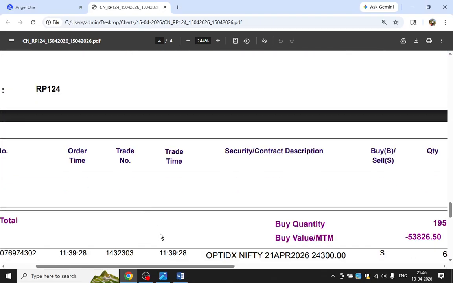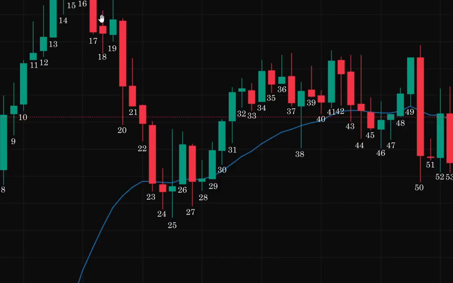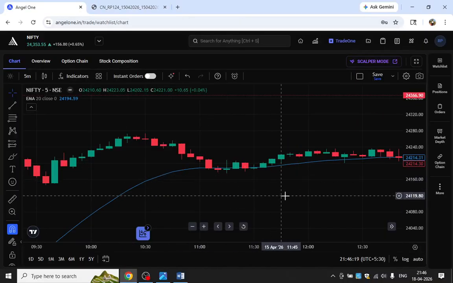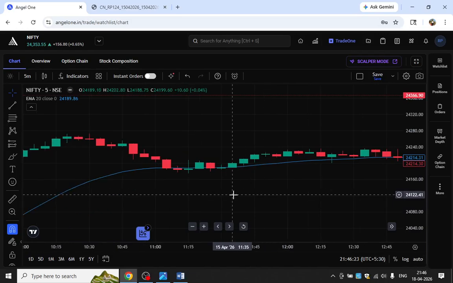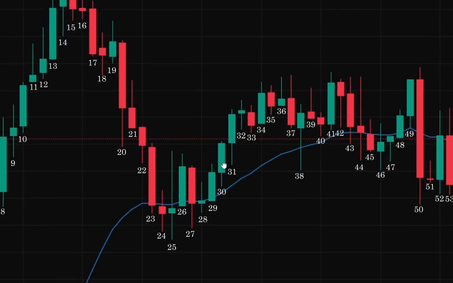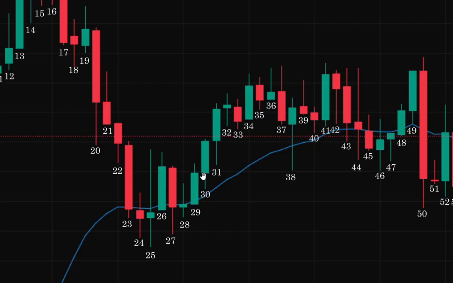Let's see, at 11:39. Okay, on bar 38, I took a trade hoping for this to be a pullback.